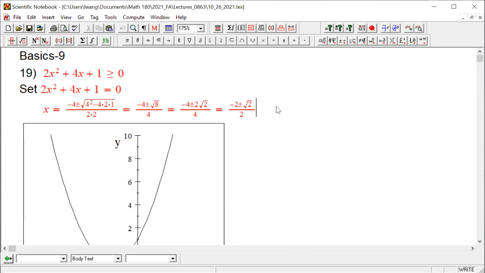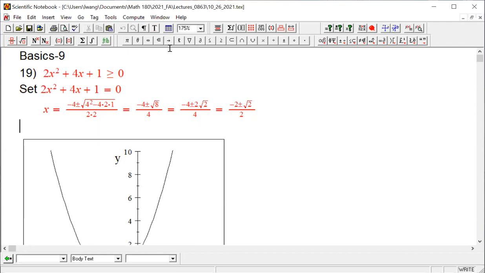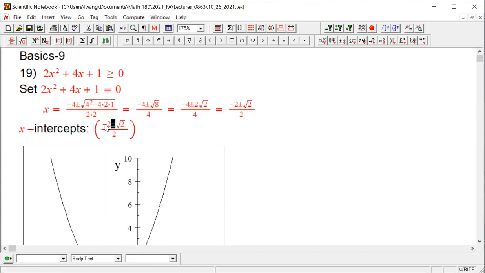So you have 2 x-intercepts. One is negative 2 minus root 2, divided by 2, comma 0, and the other one is plus, comma 0.